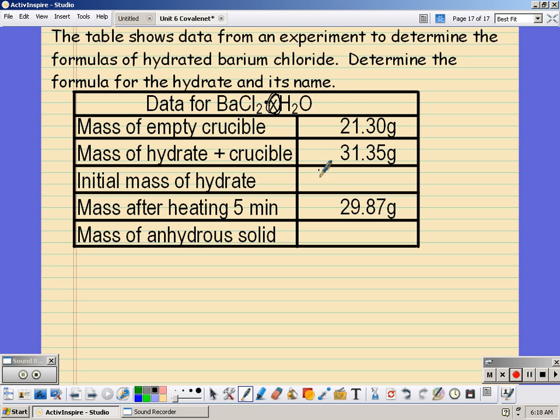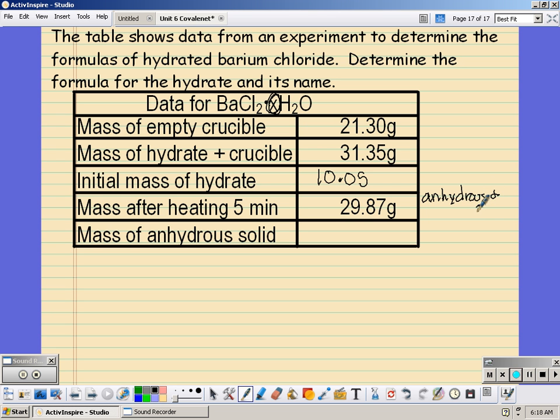After we heat it for 5 minutes, we have a mass of 29.87. But that is the anhydrous, or the compound without water, and the crucible.